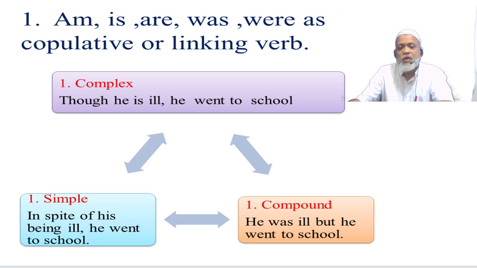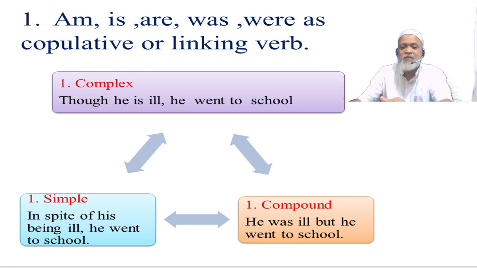When you have but in a compound sentence, you change it into simple by using in spite of, and change it into complex by using though. If you are given a simple sentence having in spite of, how will you change it into complex and compound?